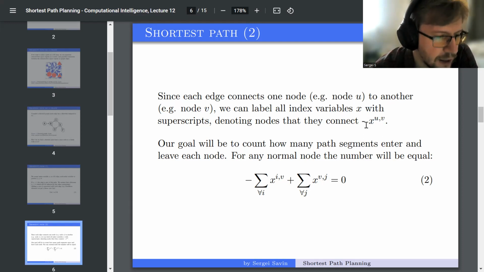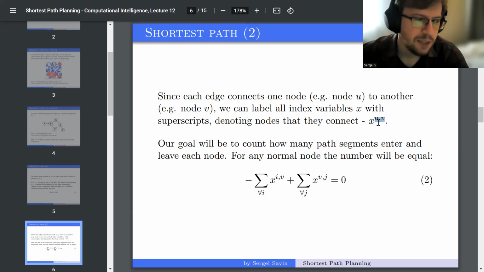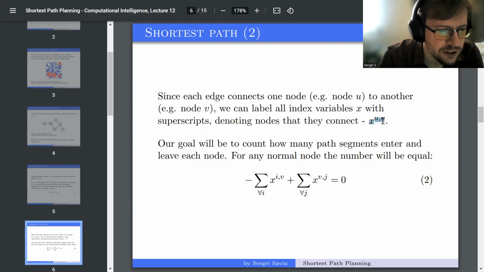That is just a convenient notation. It's going to simplify our life a whole lot. Instead of saying x2, which connects node number 7 to node number 31, we say x superscript 7 31. How to map the superscripts to the subscripts? Well, that is a separate question. We can just make a table somewhere. It doesn't matter. But notationally, this is very easy.